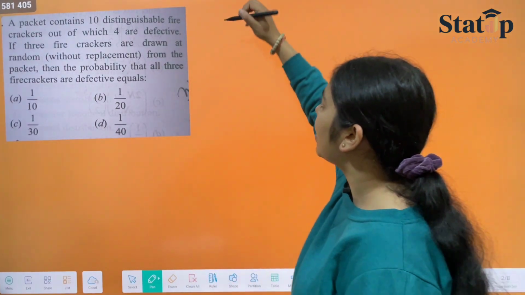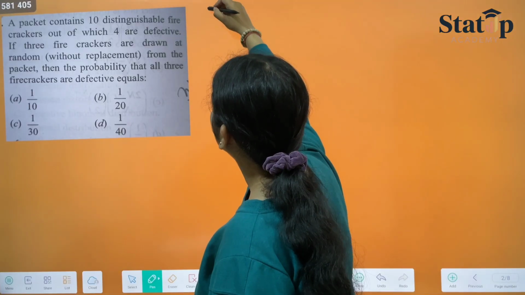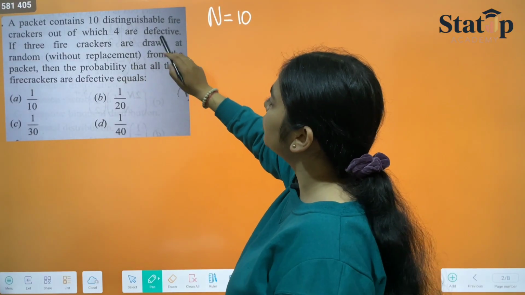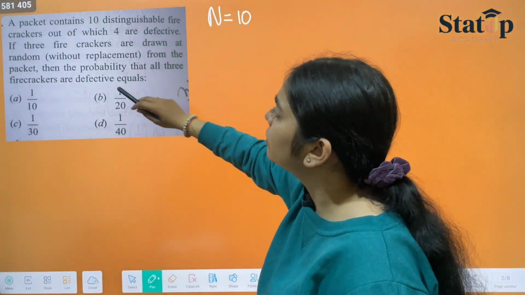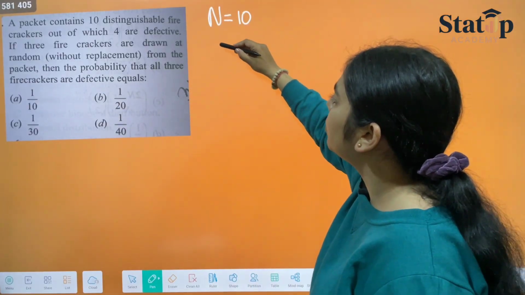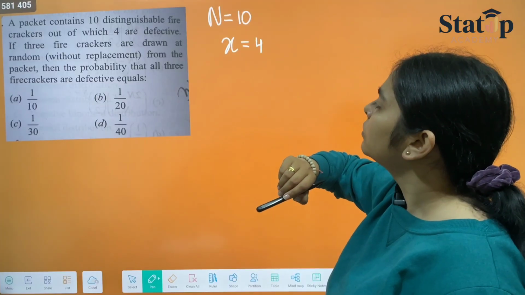So our capital N has been given to us as 10, out of which 4 are defective. They have found the probability that all 3 are defective. So x is 4 are defective.